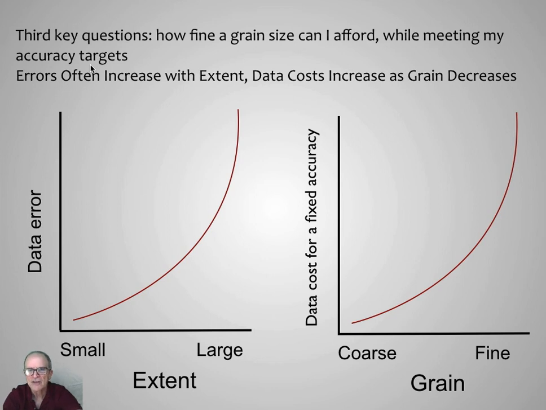The smaller the grain size, the harder it is to get good data. So errors increase with the extent and the decrease in the grain size. You're balancing all these things. Often you can't afford the largest extent at the finest grain. You have to decide what grain you can get away with, what grain is going to work for you.